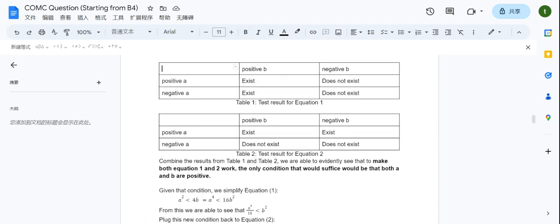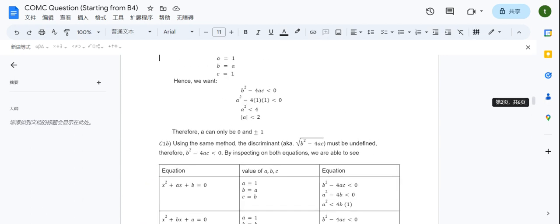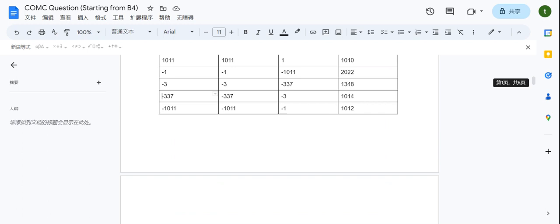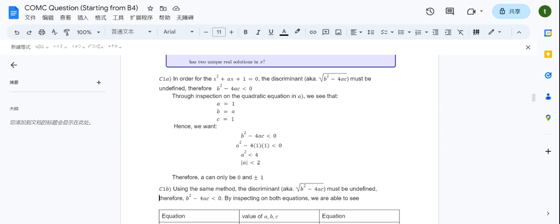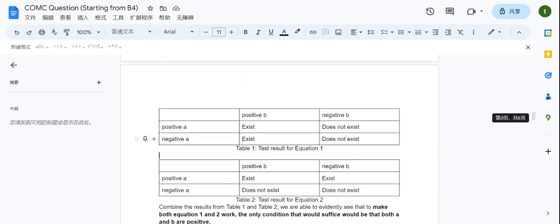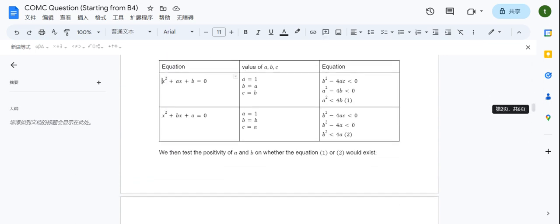However, with negative b and positive a, the equation would be impossible. Why? Because the left side must be positive and the right side is negative, and it is impossible for a positive number to be smaller than a negative number.